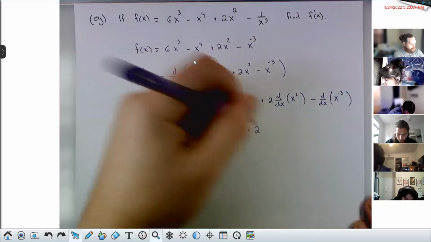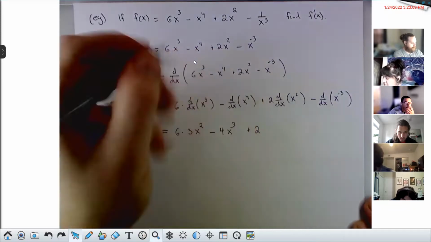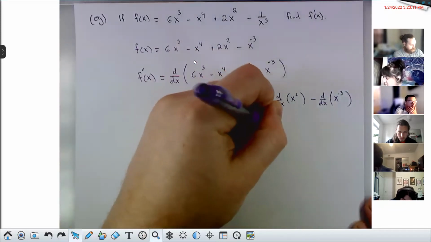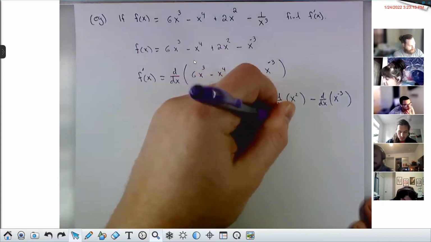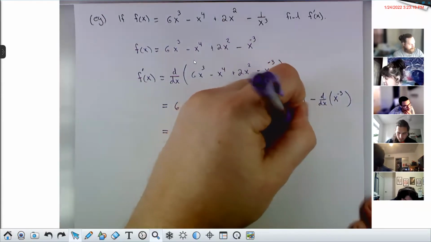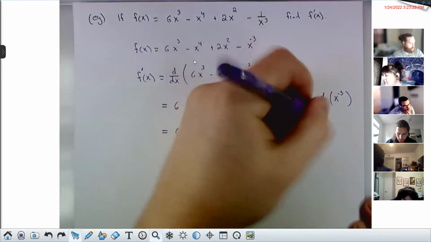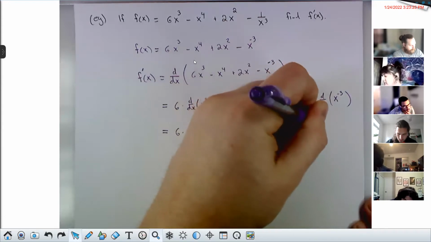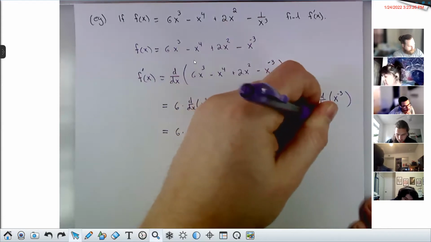You bring down the power and subtract 1 from the power. Plus 2 times d/dx of x squared, that is 2x to the 1. And then minus d/dx of x to the negative 3 would be negative 3 x to the negative 4.